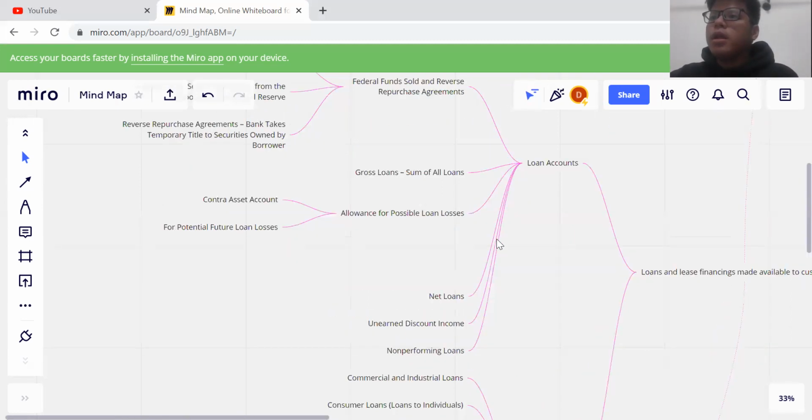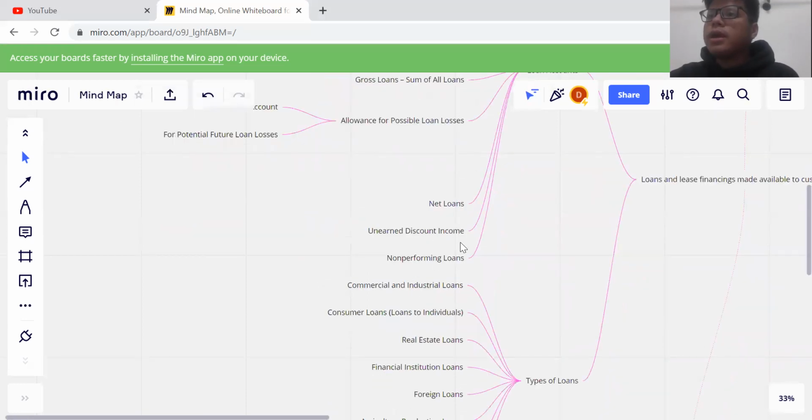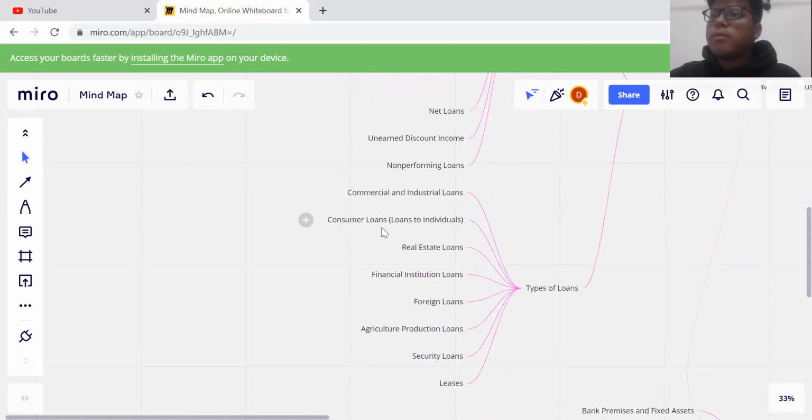Moreover, we have the net loan, unearned discount income, non-performing loans, commercial and industrial loans, consumer loans to individuals, real estate loans, financial institution loans, foreign loans, agricultural production loans, security loans, and leases.